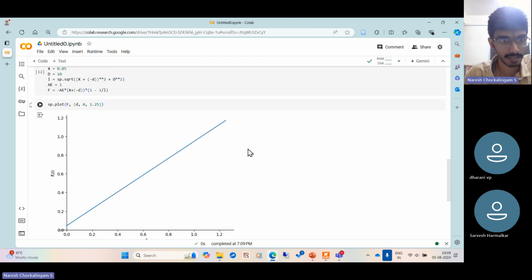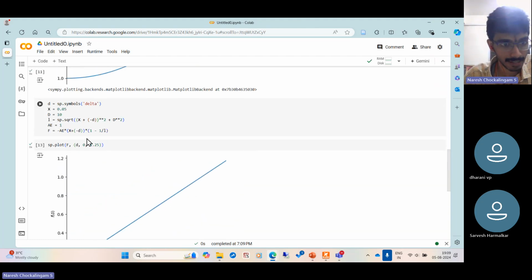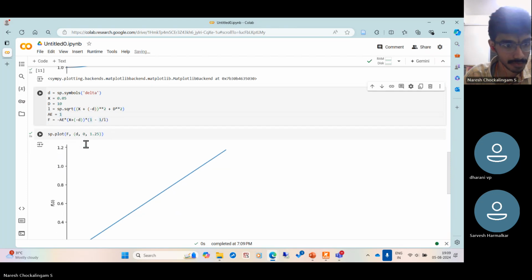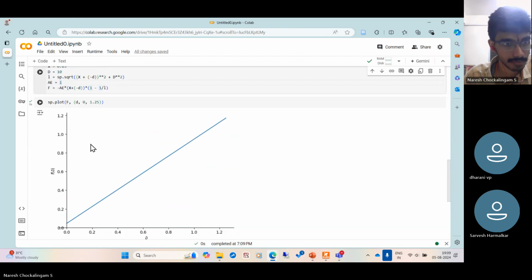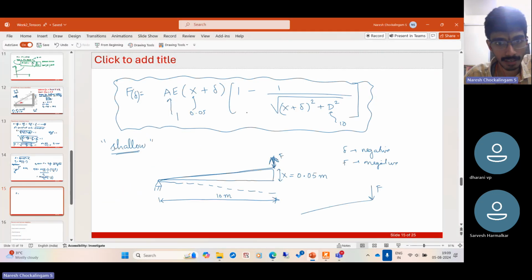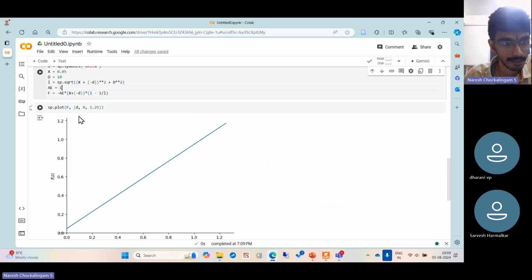Okay, so something is not correct. So x is fine. This is fine. D is fine. D square, x plus delta, the whole square, x minus delta.